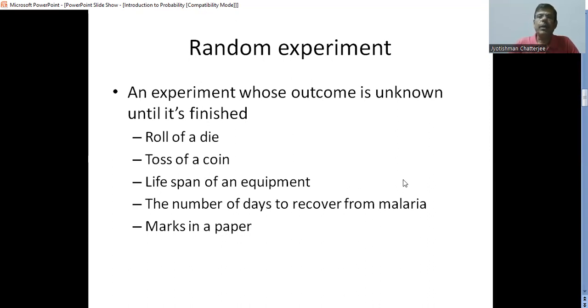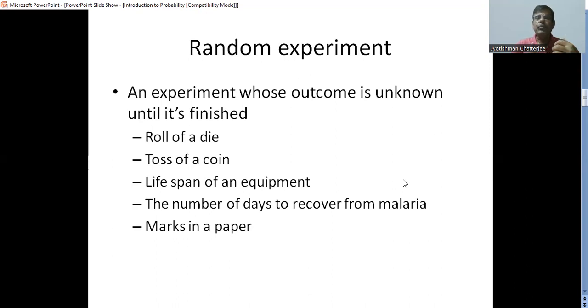That will depend on the patient, and even for the same patient, it will depend on different instances. Say if the same person catches malaria a few times, the number of days to recover from malaria each time might not be the same.